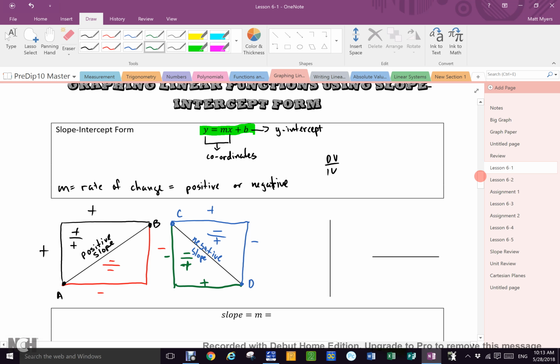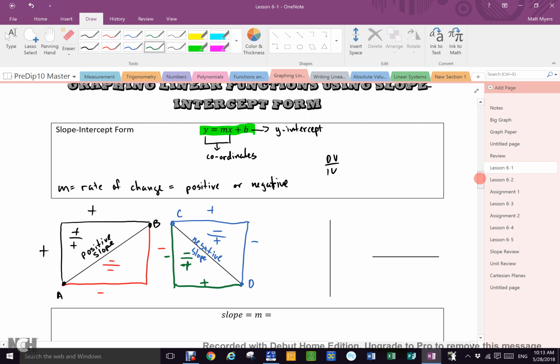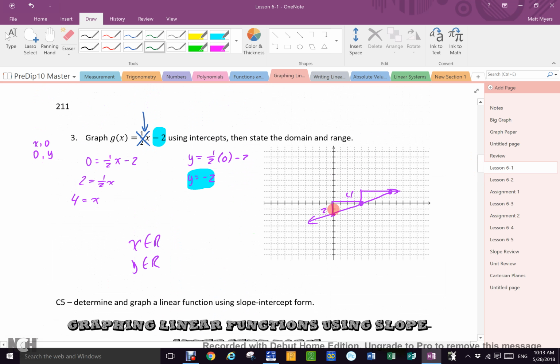This one is 4 and 1 or 2. 4, negative 2, and then isn't it y on top? Rise over run? Yeah. So dV over IV. So what's my dV here? 2. What's my IV? Are they both positive? 2 divided by 4 is what? 1/2. Notice what I'm highlighting.